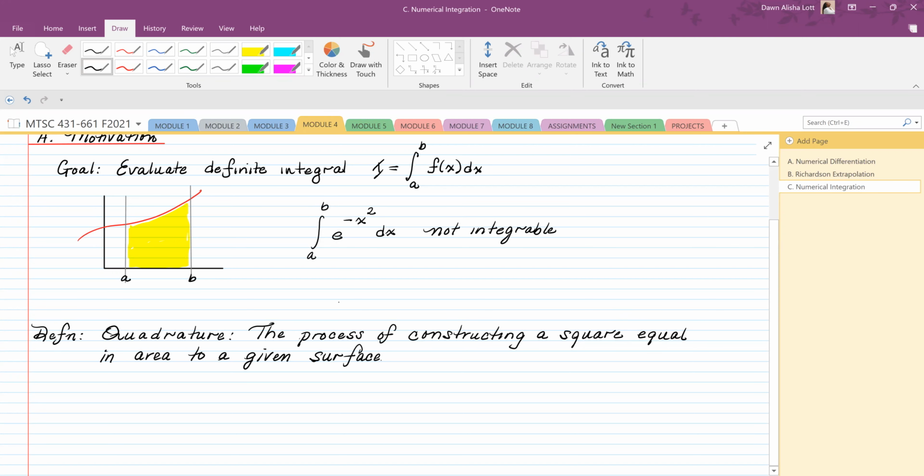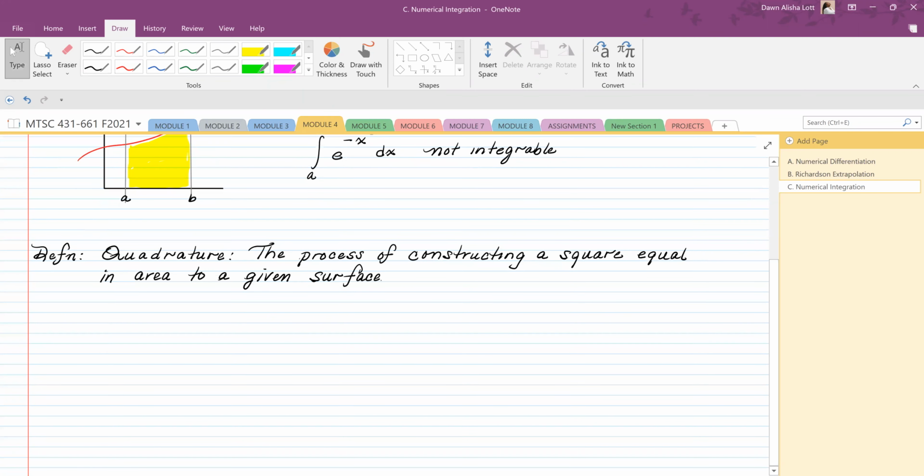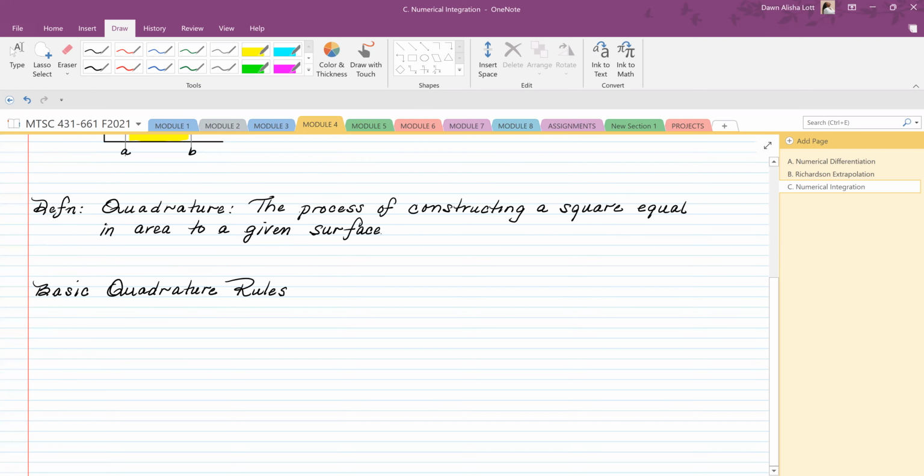Okay, so let's start off with some basic quadrature rules. Okay, so the first one is the midpoint rule.